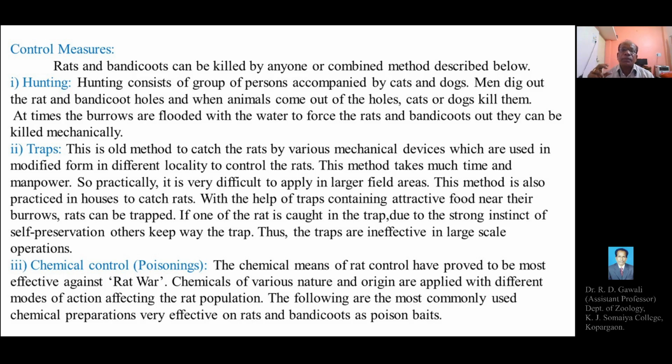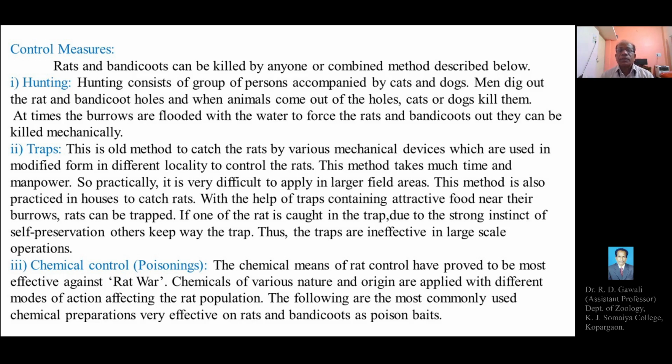With the help of traps containing some attractive food near their burrows, rats can be trapped. If one of the rats is caught in the trap, due to the strong instinct of self-preservation, others keep away from the trap. This is the drawback, where no more rats can be trapped in the trap.